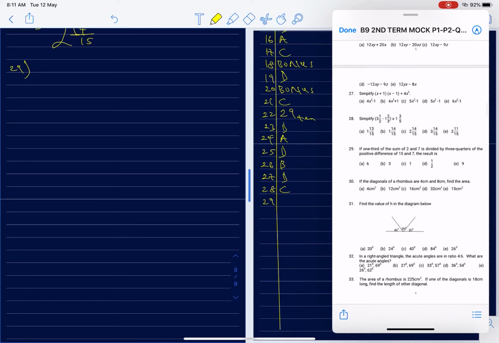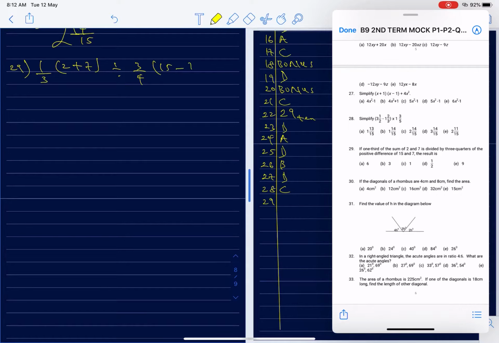If 1/3 of the sum of 2 and 7 is divided by 3/4 of the positive difference of 15 and 7, the result is what? 1/3 of the sum of 2 and 7 means 1 over 3 times 2 plus 7, divided by 3/4. 3/4 means 3 over 4 of the positive difference between 15 and 7. Positive difference means subtract the small number from the big number, and that will be equal to 1 over 3 times 9 divided by 3 over 4.